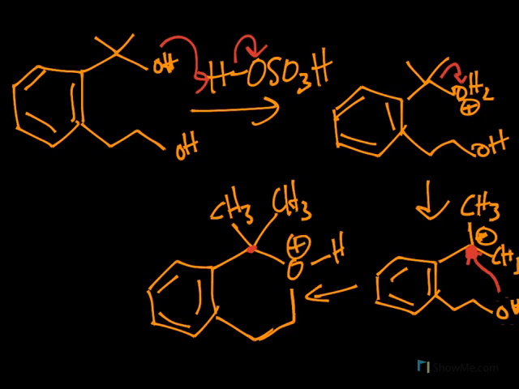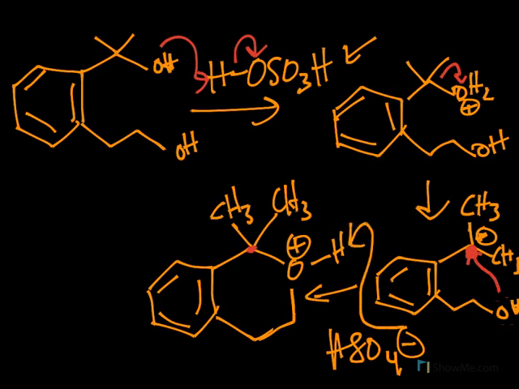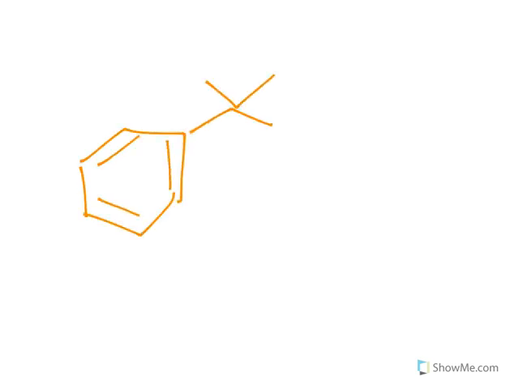And so that's your intermediate basically. And from there we can easily get to our final product, because in this step over here we formed hydrogen sulfate, so we formed HSO4 minus, and that's simply going to deprotonate that hydrogen there, and these electrons are going to jump on oxygen, and from there you're going to form your final product, which is going to look something like this.